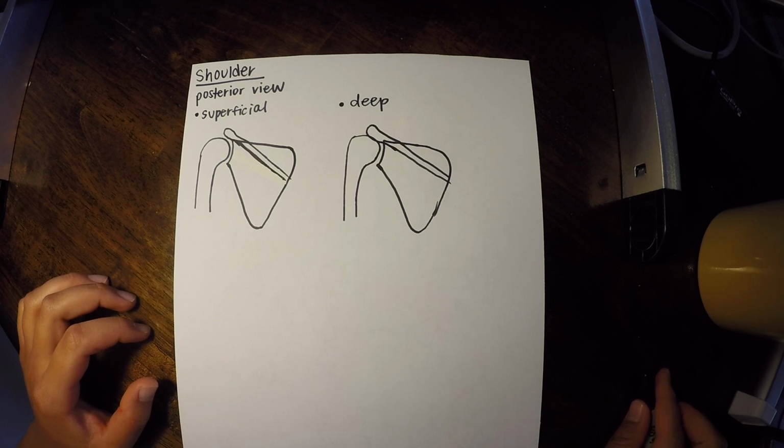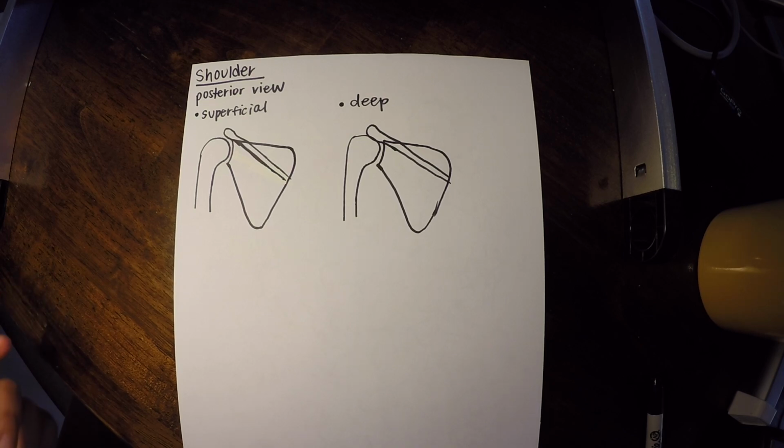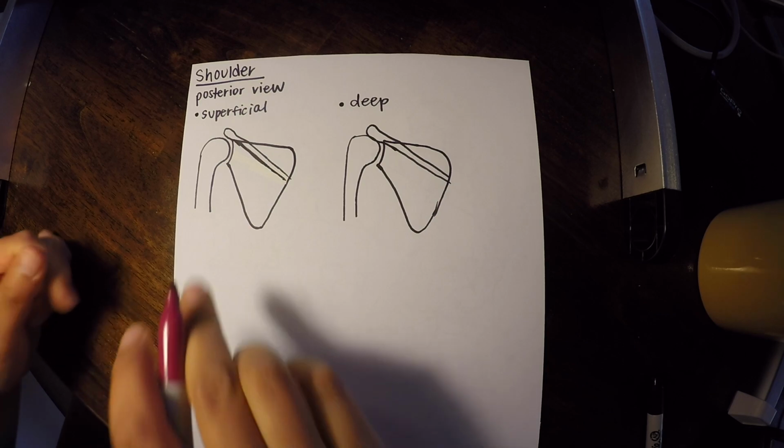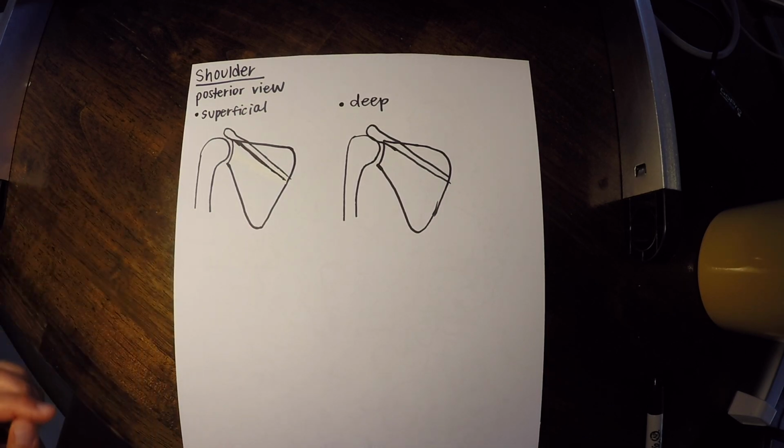So for all of these different views, we're going to look at different muscles. We're actually only going to look at one muscle in the first picture here, and that's going to be our most superficial muscle. It's going to be our deltoid muscle. Now, a little bit of extra detail about that. I'm always going to tell, or oftentimes for major muscles, I'm going to tell you the attachment points, like where the muscle originates and where it inserts.